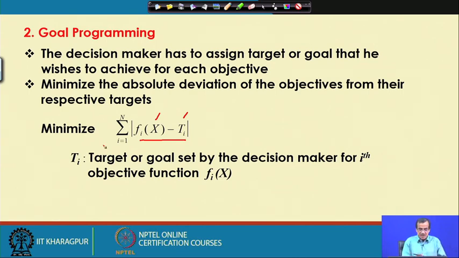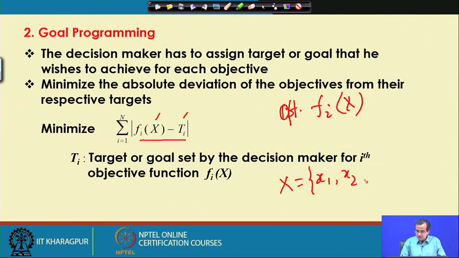Here, once again, the problem is the same. Supposing that I want to optimize, it could be either maximize or minimize, f_i(x), and x is a collection of all small x values.